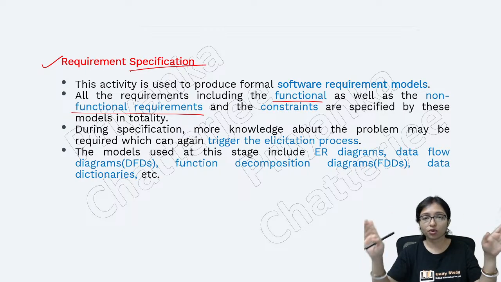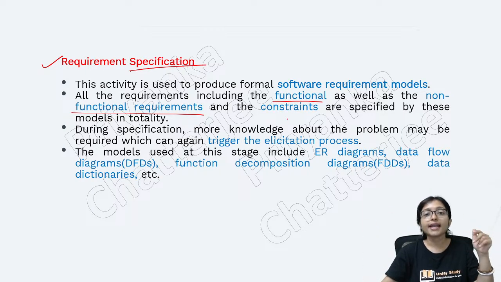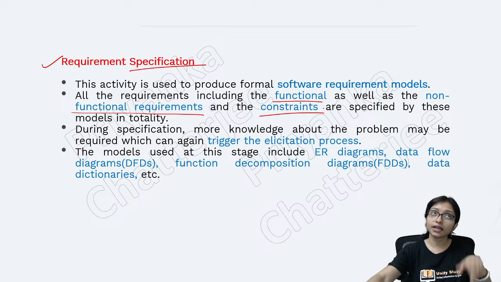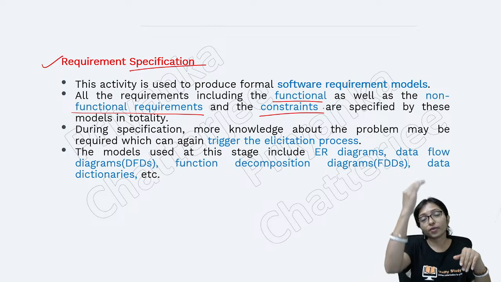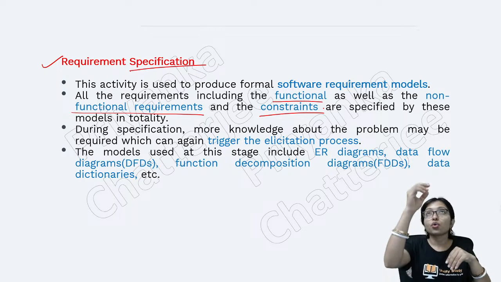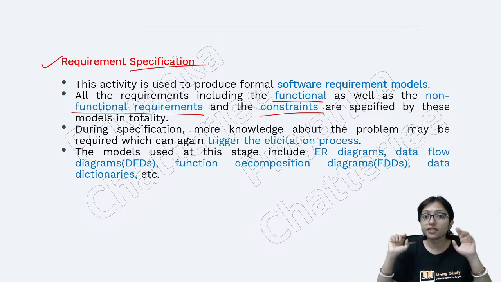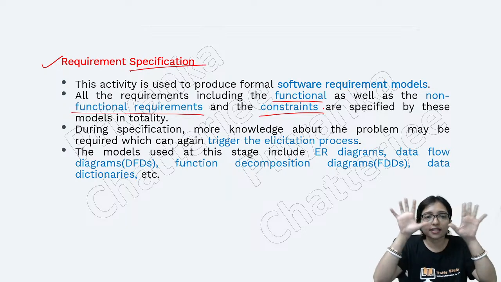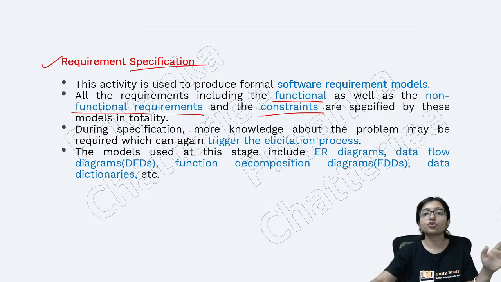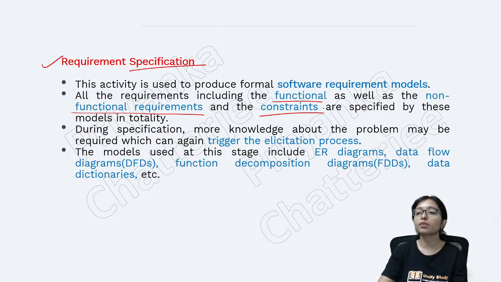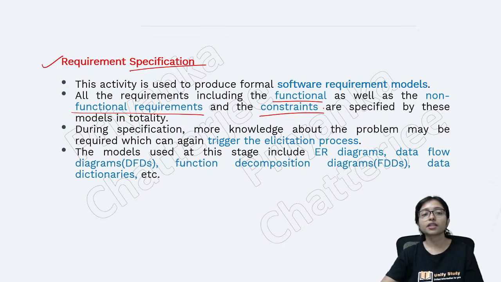And some constraints can also be there. Out of all the requirements, we have to think about what are the functional requirements, the non-functional requirements, and the constraints. These are the three categories to divide.